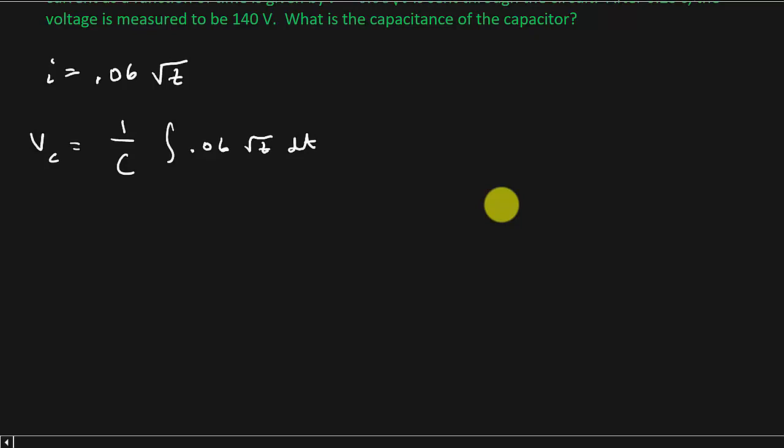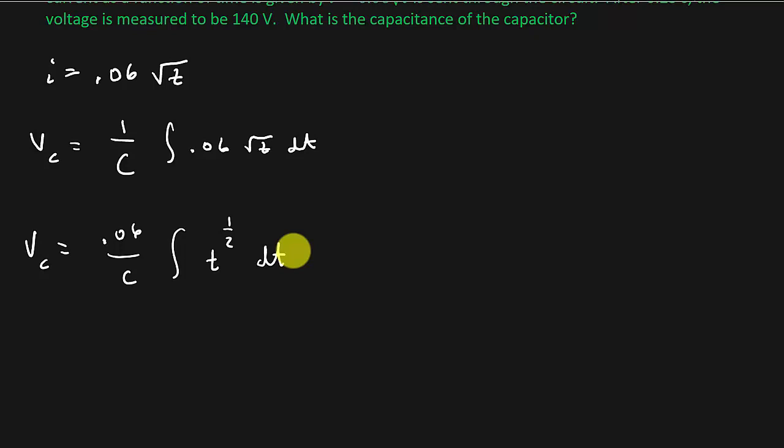I'm going to write this a little bit different to make it easier on ourselves. So VC is 0.06 over C times the integral of t to the 1/2 dt. I just changed that square root to an exponent.